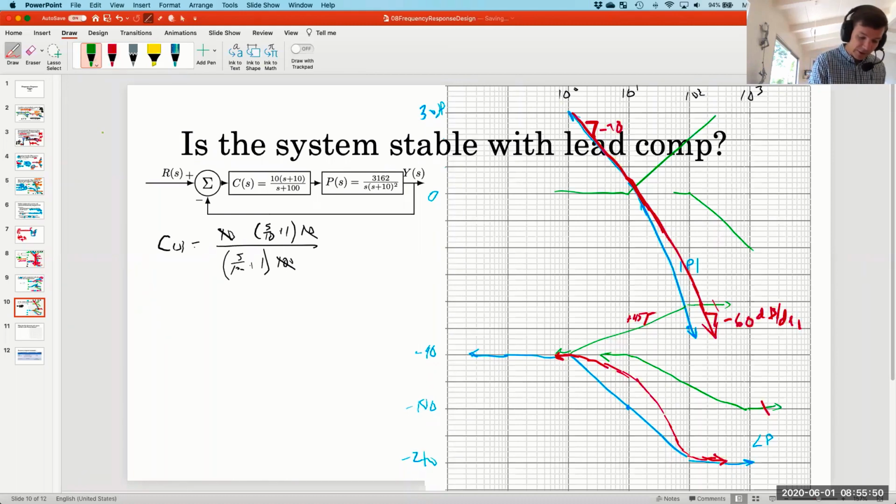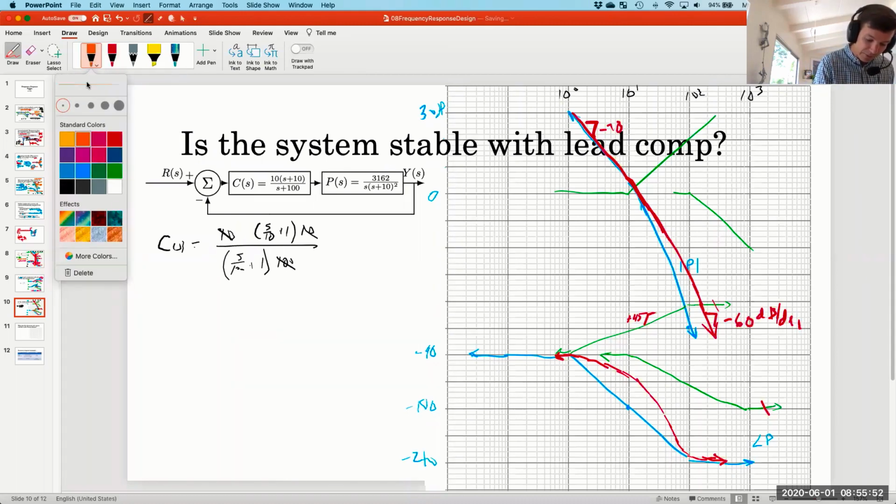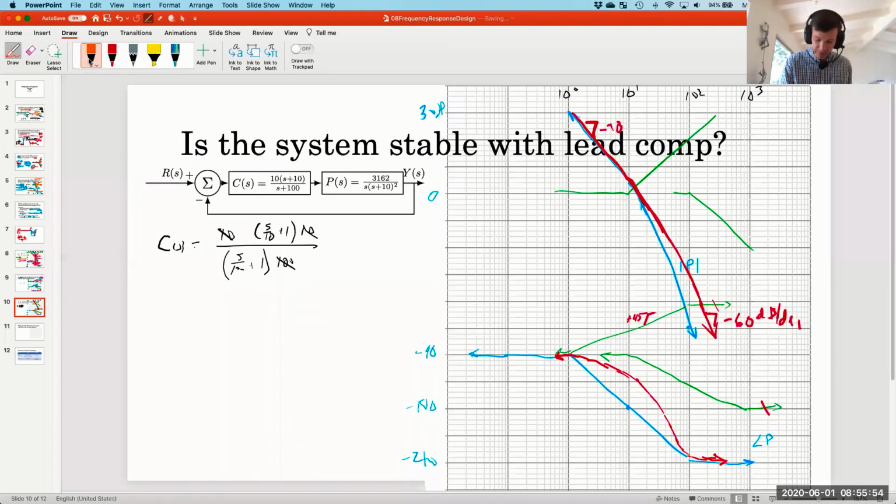Okay, so let's answer the question, was it all worth it? Well, I guess you're not really positioned to answer that, but can we answer the question, is the system stable with this lead compensator? And I think the answer is yes, because we've pushed our omega 180 up to here, which means we look up. And now we have a healthy gain margin.